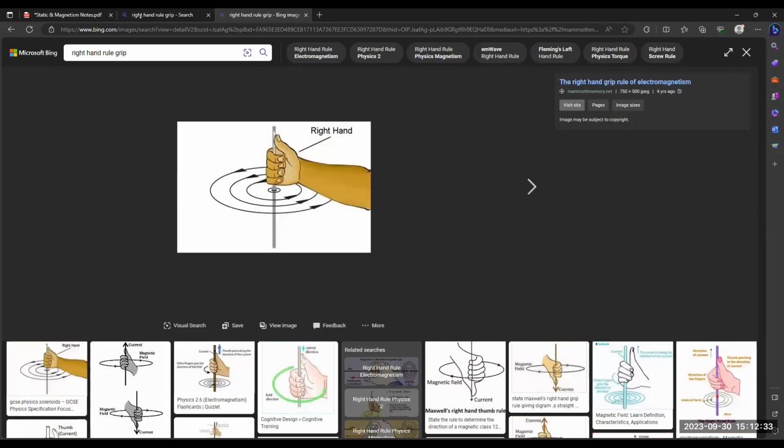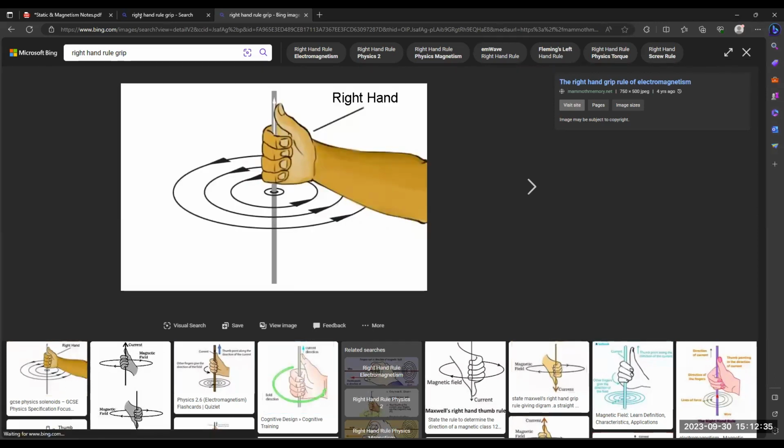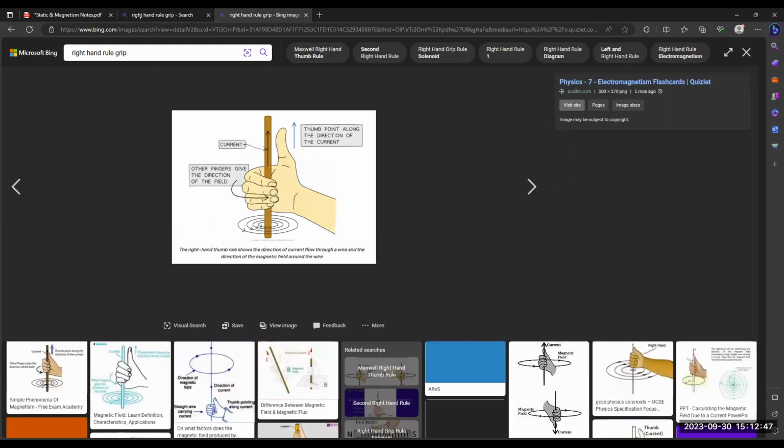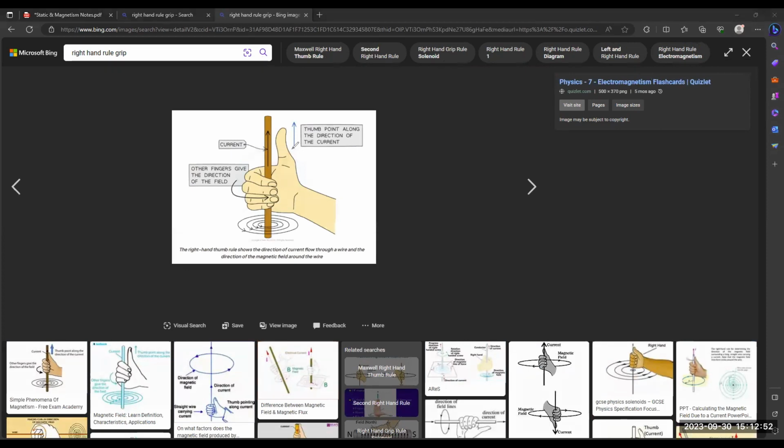If you consider this diagram, you can see that we just hold the conductor, or grip any conductor in our hand, and according to that you can easily identify that your thumb indicates the direction of electric current, right? So the thumb indicates the direction of electric current, and the curl of the fingers shows you the direction of magnetic field, right? Because the magnetic field is in circular form.